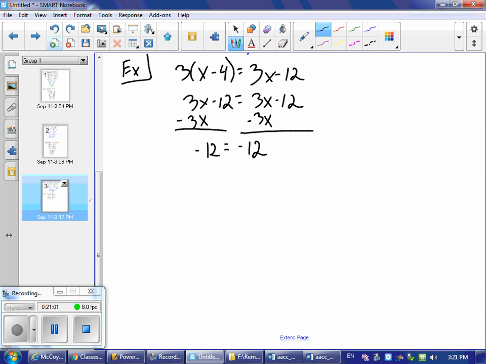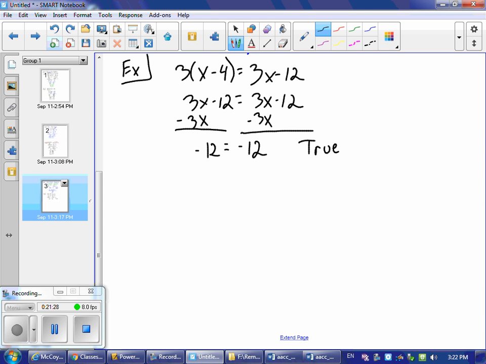So this one, again, I've gotten rid of all the x's, gives me a true statement because negative 12 certainly does equal itself. It equals negative 12. This resulted in a true statement. Anytime you get something like this and it results in a true statement, it means that it doesn't make any difference what value of x I plug into the original equation. Every single time it will work.